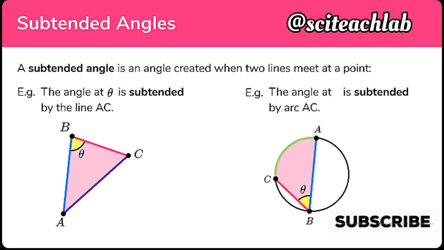So an angle within a circle created by two chords that meet at a point on the circumference will subtend an angle. In a circle, various angles can be formed by joining the endpoints of either two chords or two arcs, and when this happens, angles are subtended. All right, so you understand what a subtended angle means.